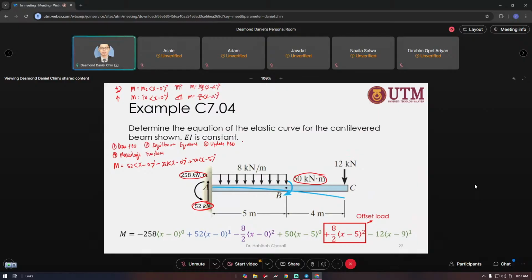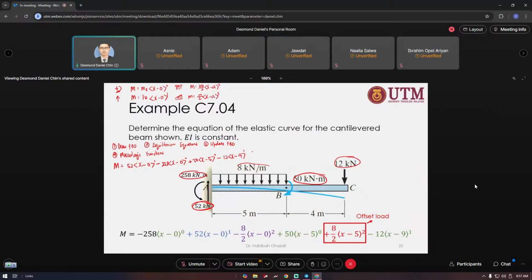Next, 12 kilonewton, pointing downwards. So therefore, this is negative 12 bracket x minus 9. Bracket to the power of 1 because I'm using the second equation.